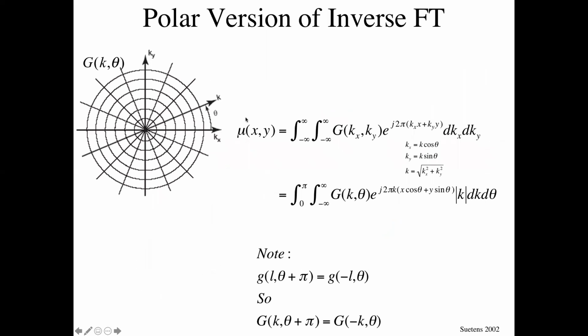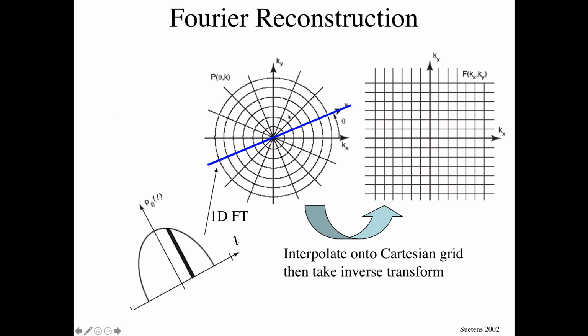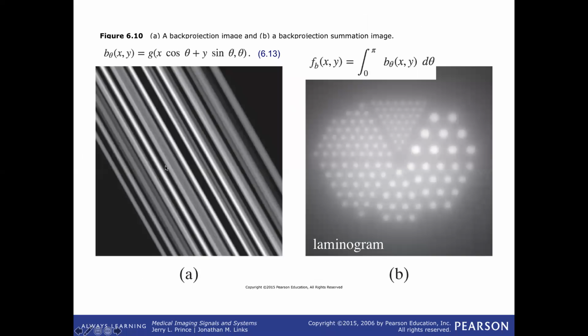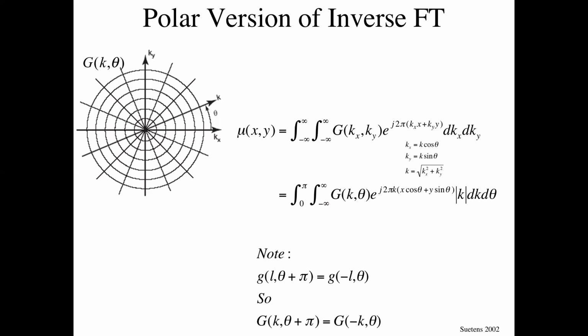And so what we can see here is, if this is our image, mu(x,y), we know it is the inverse Fourier transform of whatever its Fourier transform is.